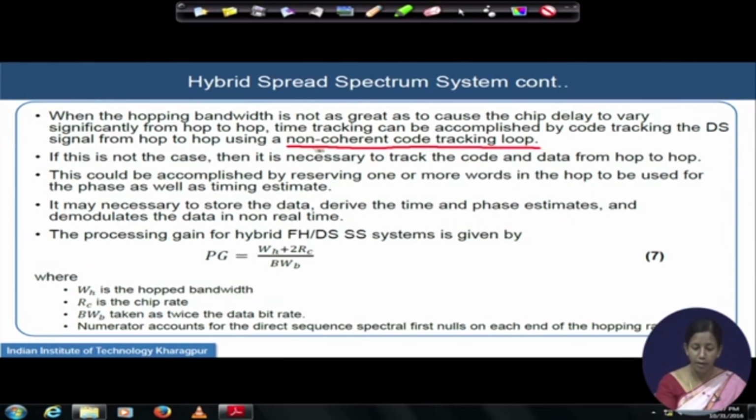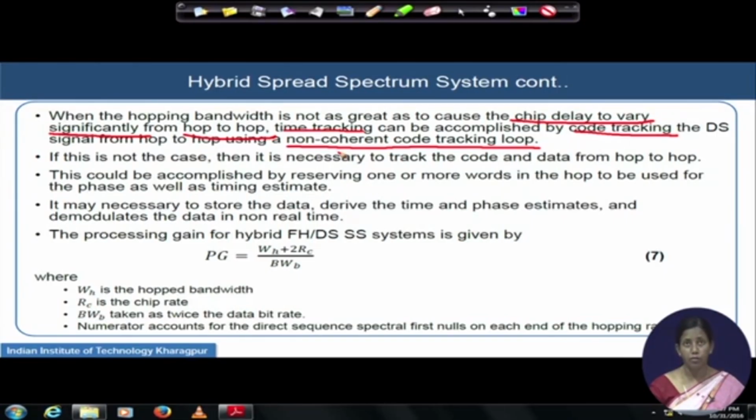So, when the chip delay does not vary significantly from hop to hop, time tracking can be done easily by code tracking, and the method that can be utilized is a simple non-coherent code tracking loop.